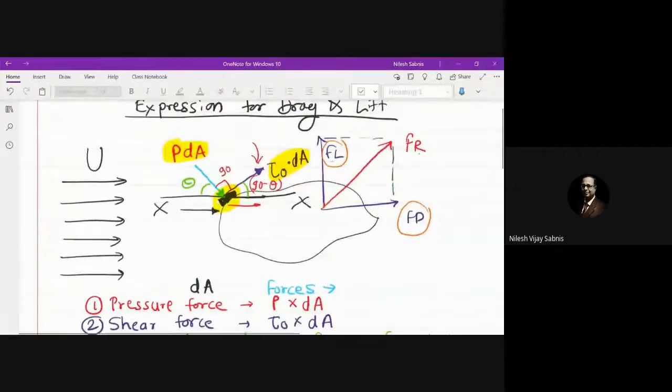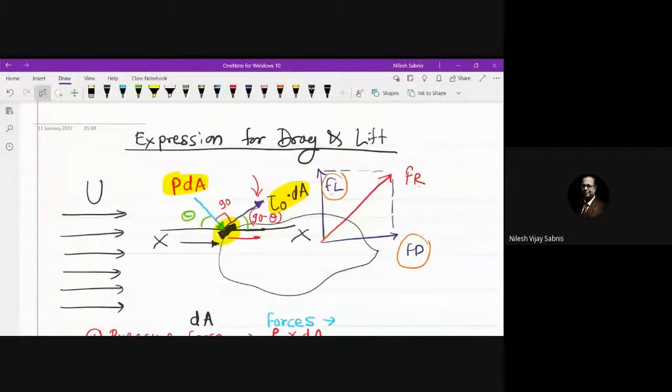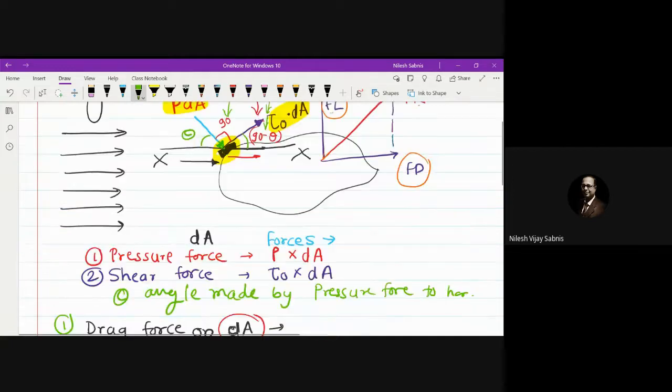Check it out. When we resolve this into two components, one we have seen, now this and this, these two components. What will be the value?